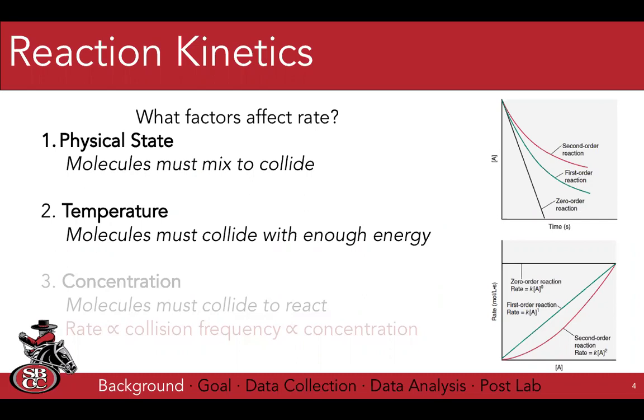Molecules have to have enough energy when they interact with each other to do the reaction. So the same concentration of reagents at a cold temperature will yield some amount of product, but at a higher temperature, that same concentration will most likely yield more product, because they have more energy to do the chemistry. So temperature is going to dictate rate.